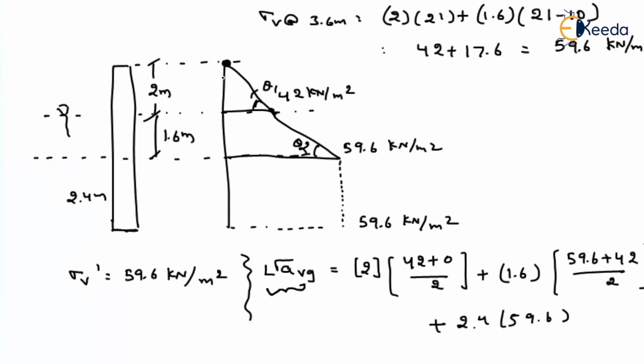In the first 2 meter, the average is 42 plus 0 by 2. In the remaining 1.6, it is 1.6 into the average 59.6 plus 42 by 2. Here, as it is constant, the average value is 59.6, and the remaining depth is 2.4. Don't find the complete average vertical stress for the total length of the pile, as that will increase the length of the problem. Instead, find it in different parts, so we don't commit mistakes and the problem will be solved easily. Okay. Thank you.